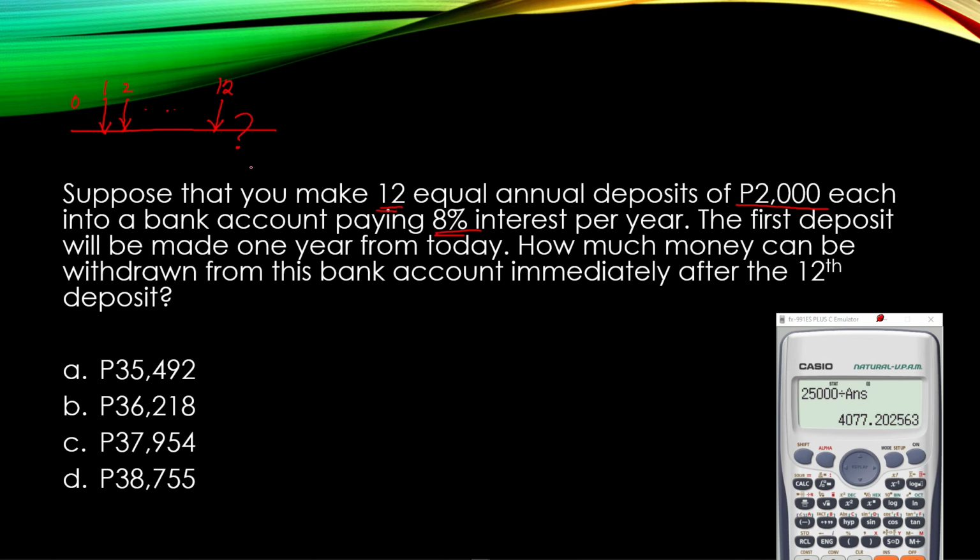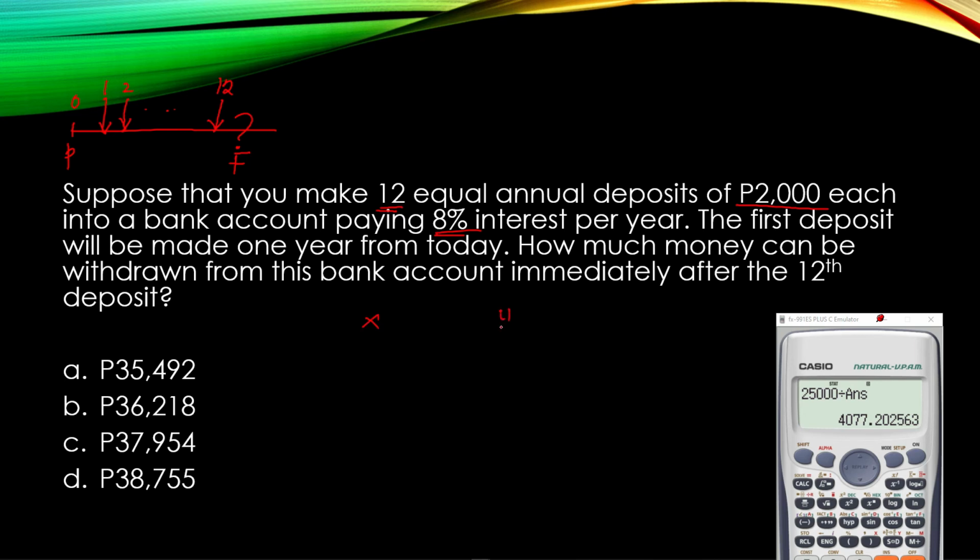Kano daw yung ma-withdraw niya all in all? Pag ganitong question, hindi na yan present amount. Ito yung future amount ng money after the 12 deposits. So, same concept applies. Ganun pa rin.